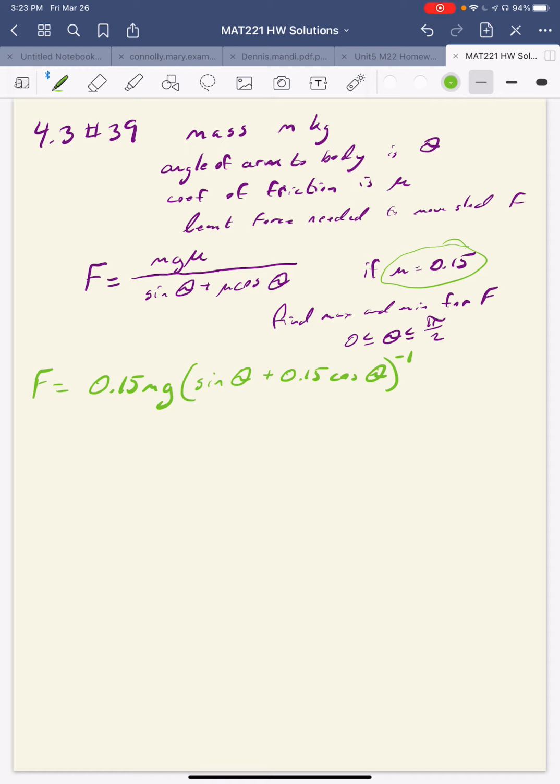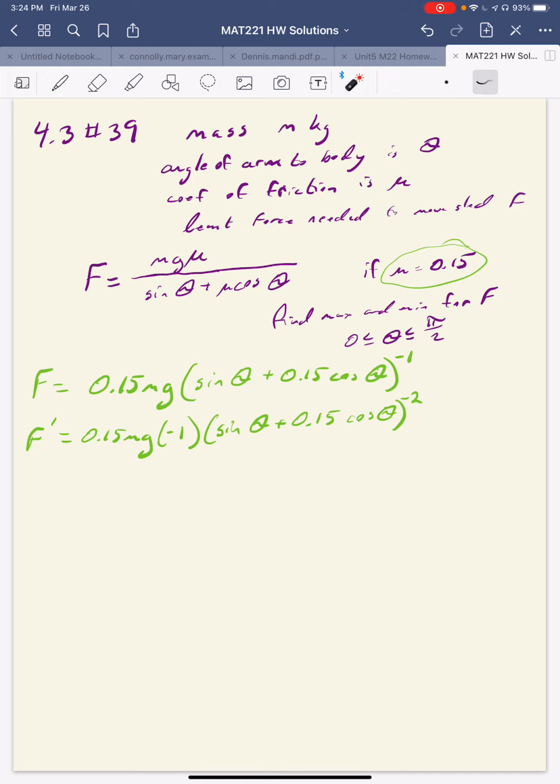I do that because now I can see I'm going to use the power rule and the chain rule side by side. So I get f prime is 0.15 mg. I bring down the -1, and then I have sine theta plus 0.15 cosine theta to the -2. Now I'm going to take the derivative of the inner term.